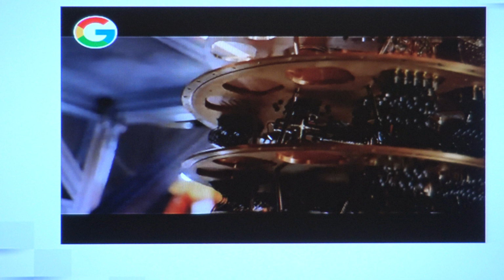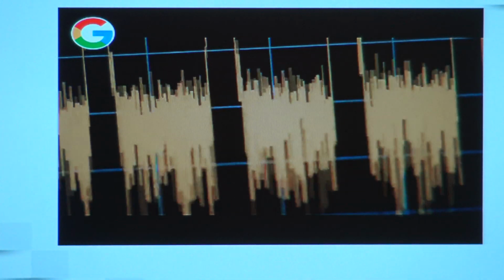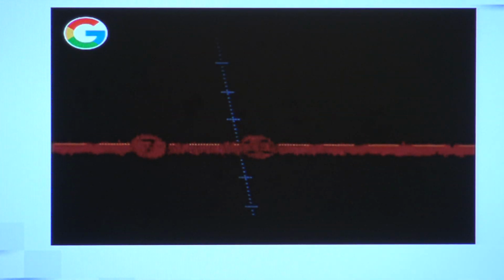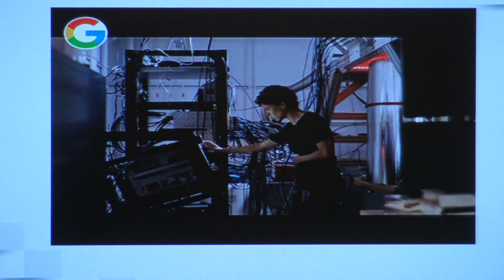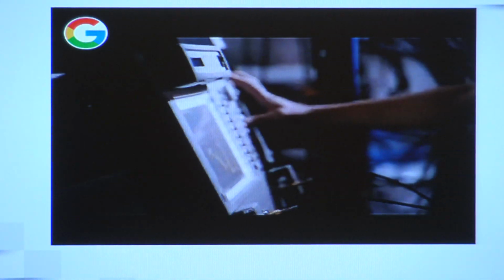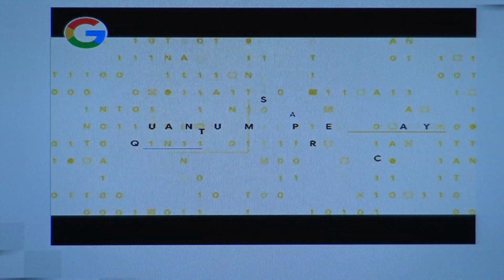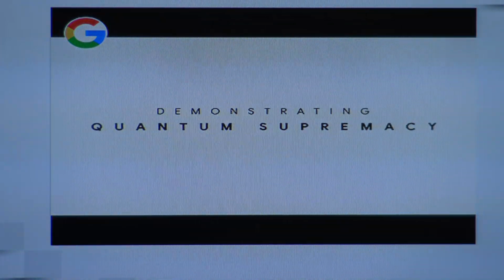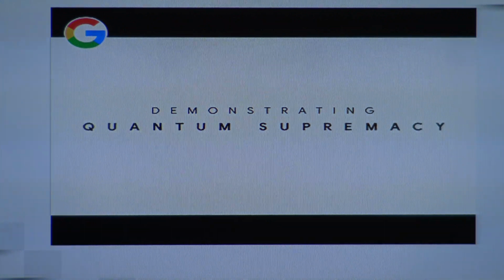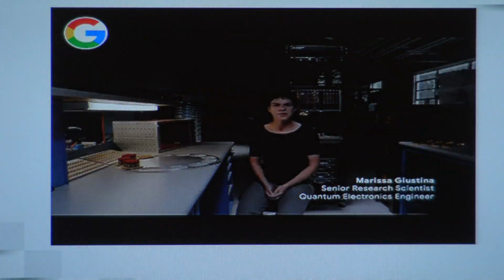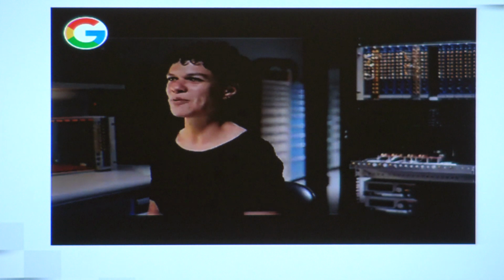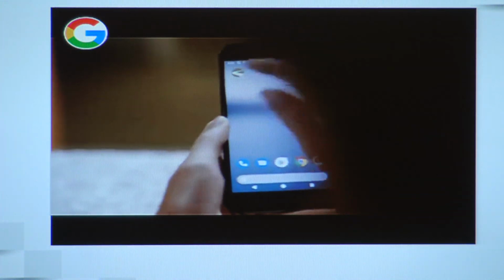The tantalizing promise of quantum computers is that they can do certain tasks exponentially faster than classical machines. And the quantum supremacy experiment is proof that this is indeed the case. The word quantum computer is a little bit misleading because it sounds like a computer. And when people think of computer, they think of a phone or a laptop.